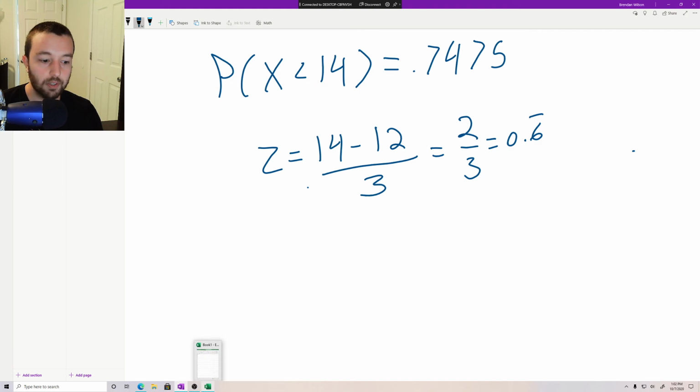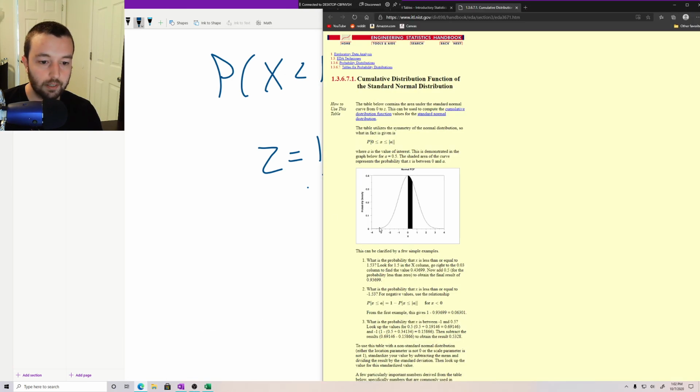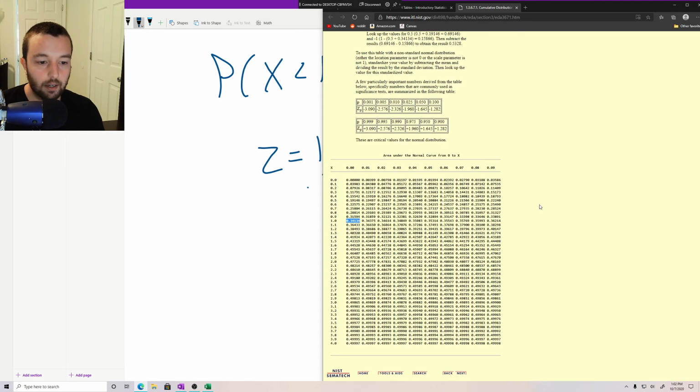So we need a little bit more than that. We need also all this part, but luckily this part's always going to be 0.5 because the area to the left of the mean is always 0.5. So whatever we get from the table, we're going to add 0.5 onto it. Okay. So we're looking for 0.66, which is going to be right here.